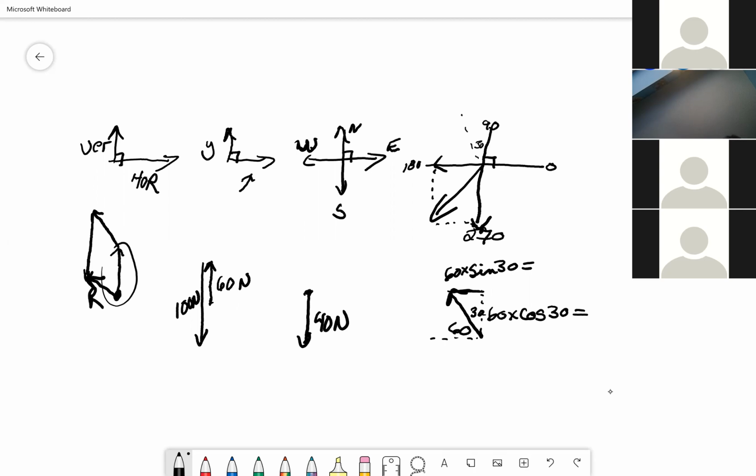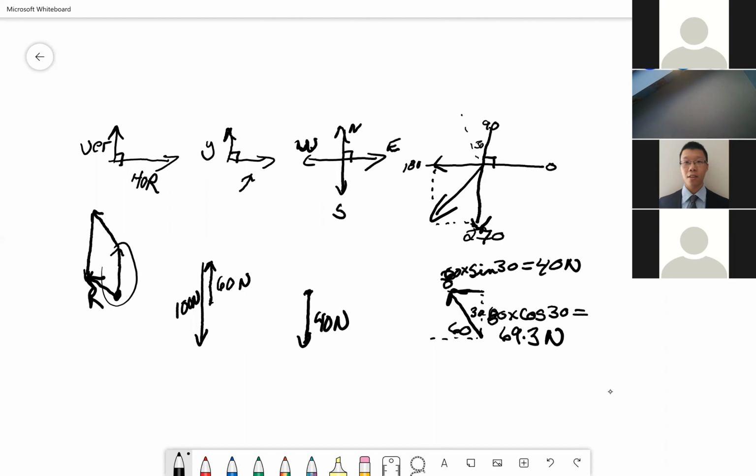I'm sorry, that's 80, maybe that's why nobody's saying anything. There you go. 80 times sine 30 is equal to 40 newtons. And 80 times cos 30. Again, I can't pick up a calculator at this point on my machine. 69.3 newtons.